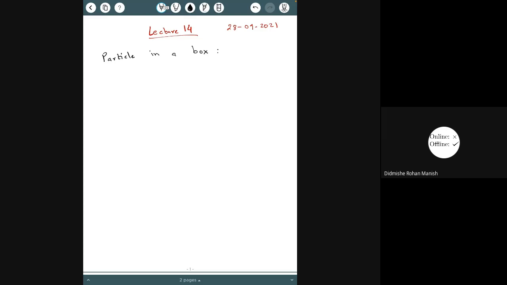So particle in a box. Okay, so let me recap the 2D box.